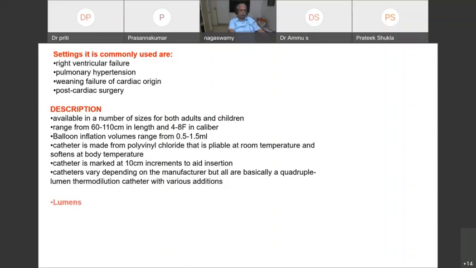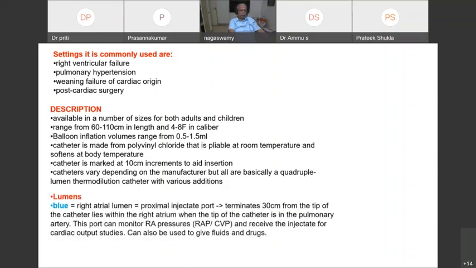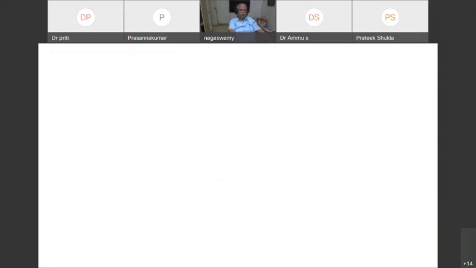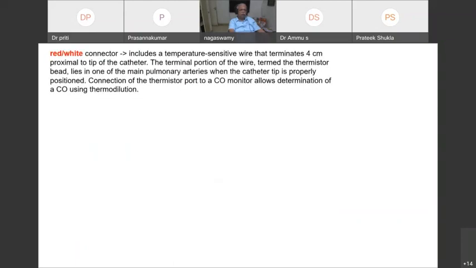Thermodilution catheter. The blue lumen is for the right atrial port, which terminates at 30 centimeters. The port can monitor RA pressure and is indicated for cardiac output studies. The red and white connectors include a temperature sensitive wire that terminates 4 centimeters from the terminal port.